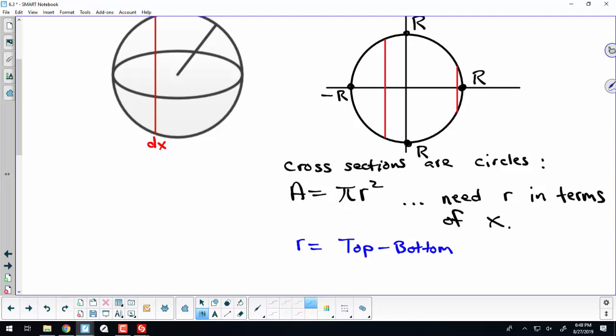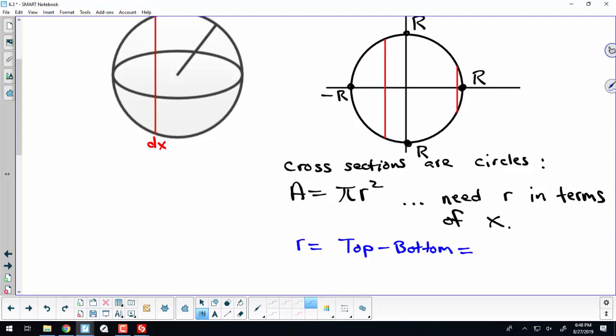But we could also use the fact that no matter where the slices are, those are symmetric with respect to the x-axis. So instead of saying it's the very top minus the very bottom, sorry, the top minus the bottom gives us the entire length of this.